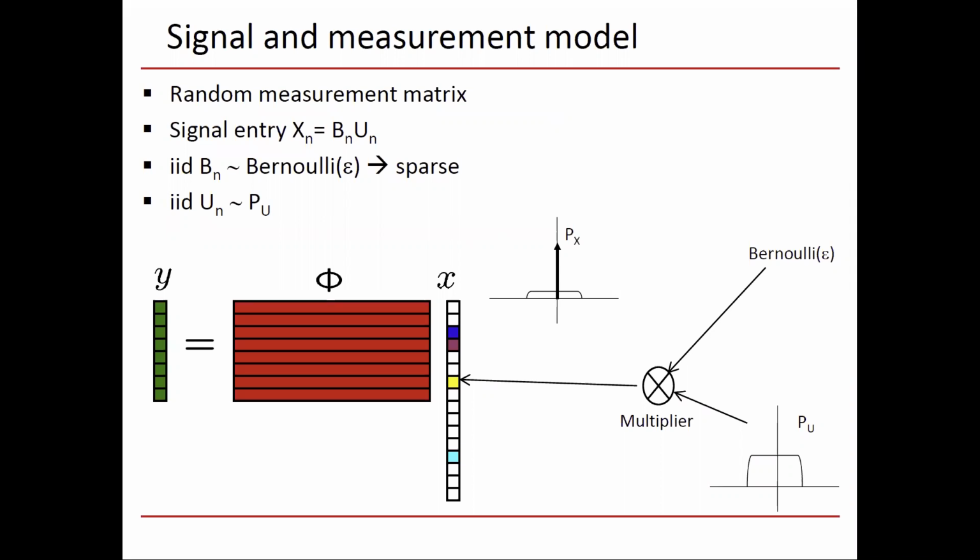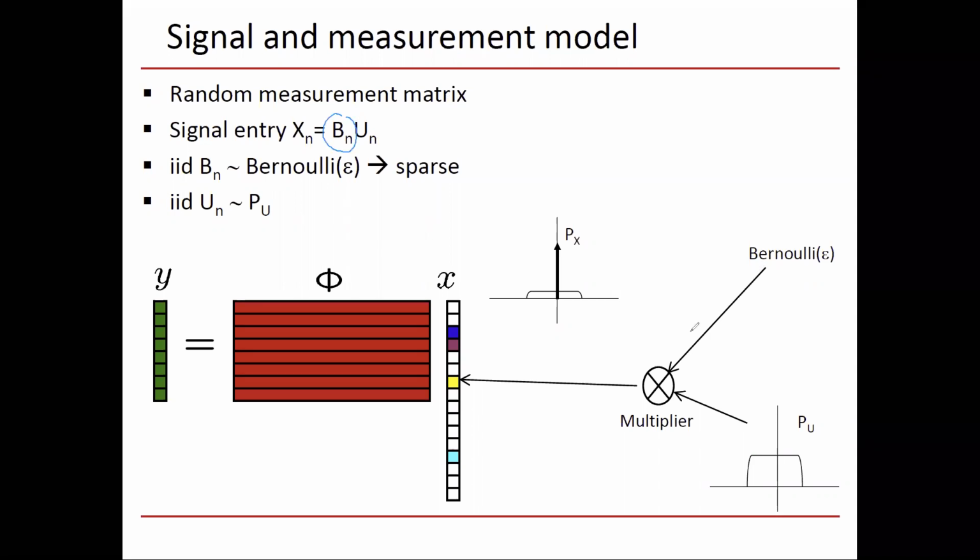So here's our signal and measurement model. Again, I want to minimize the number of measurements. I am allowing for noise. We're saying that noise is very important. In my signal and measurement model, let's look at the signal, the vector x. x is of length N, and location number n, x_n, will be a product of two terms, b_n and u_n. b_n is a Bernoulli variable with probability epsilon.